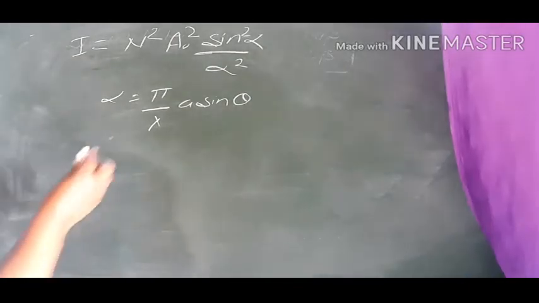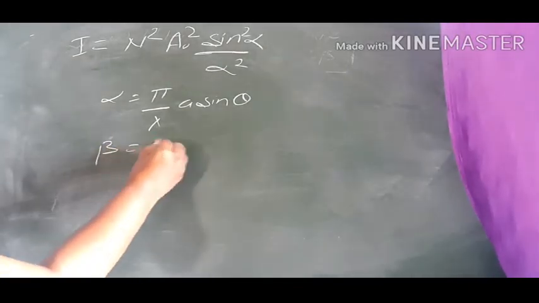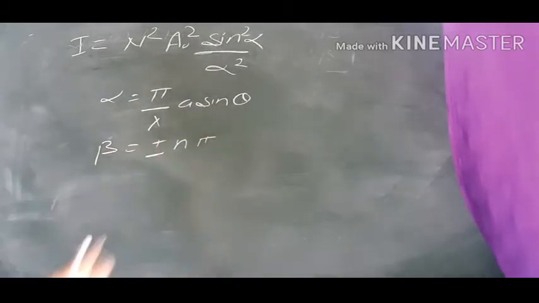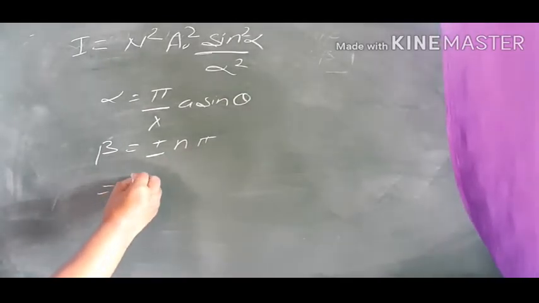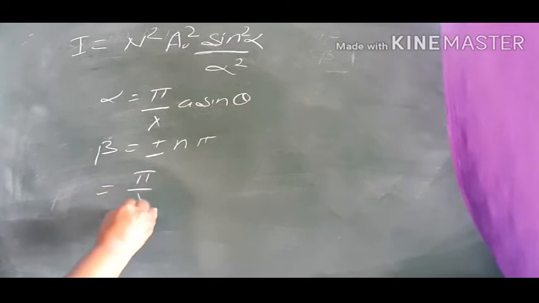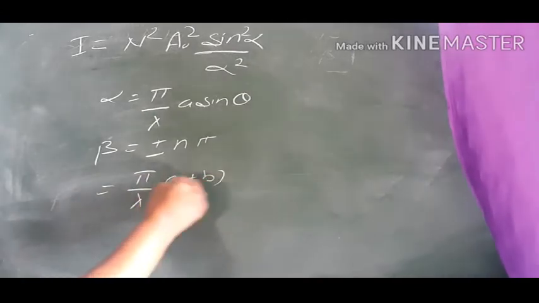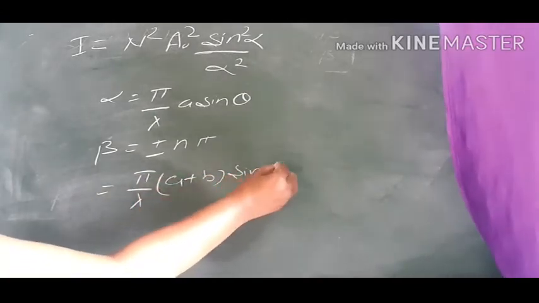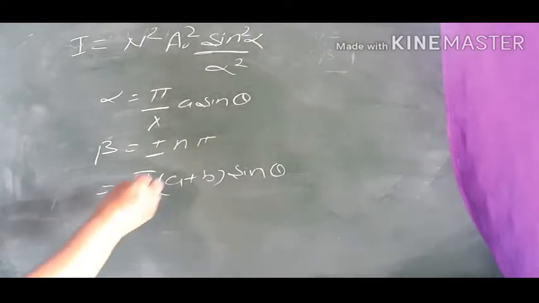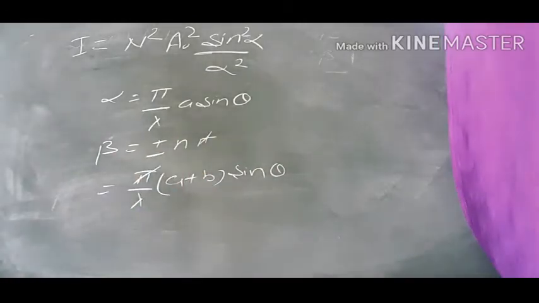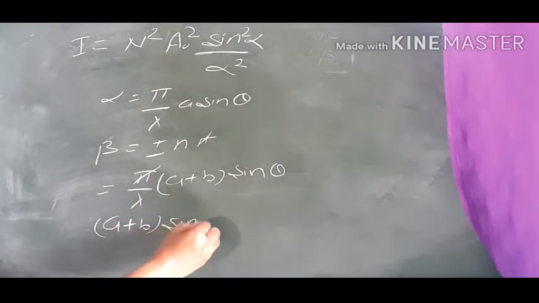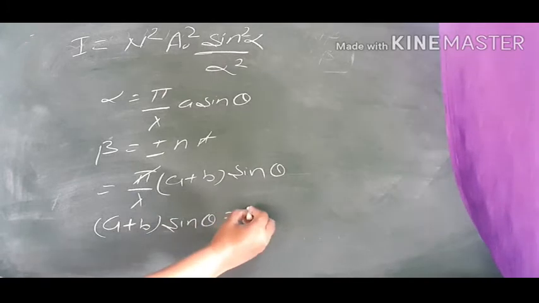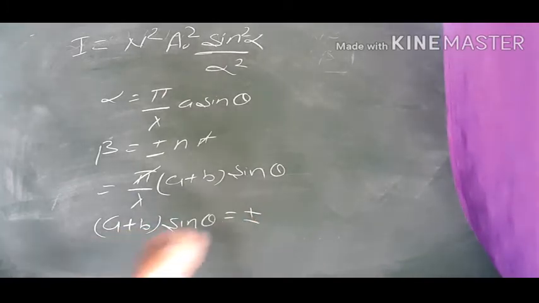And beta is equal to plus minus n pi gives the value of principal maxima, or beta is equal to pi by lambda a plus b sine theta. Okay, pi to pi cancel out, and we have a plus b sine theta is equal to plus minus n lambda.